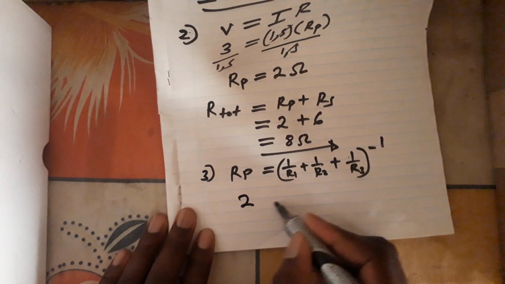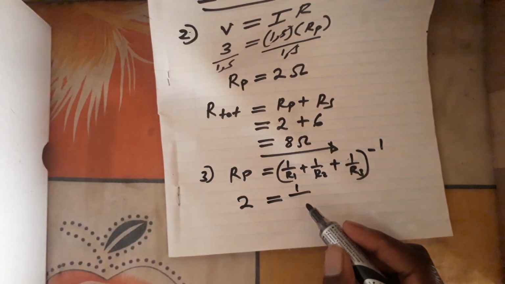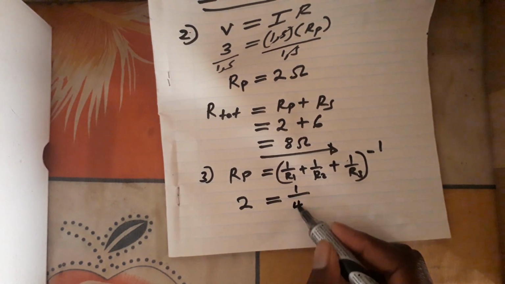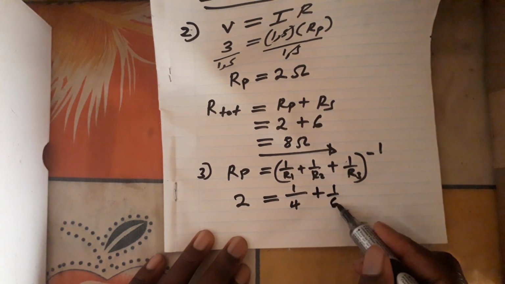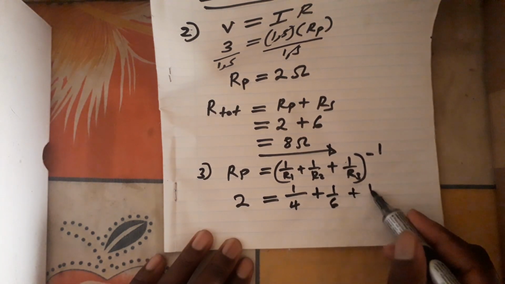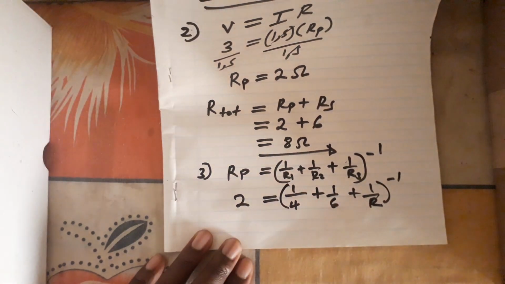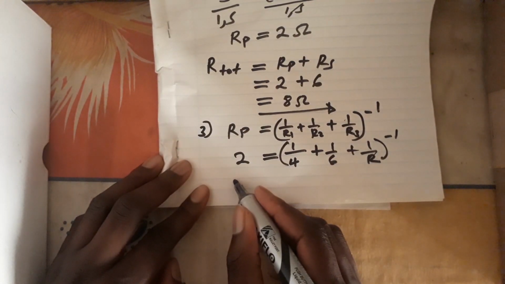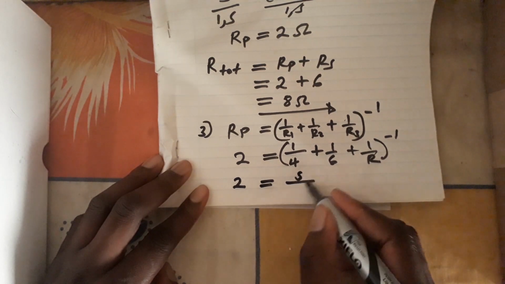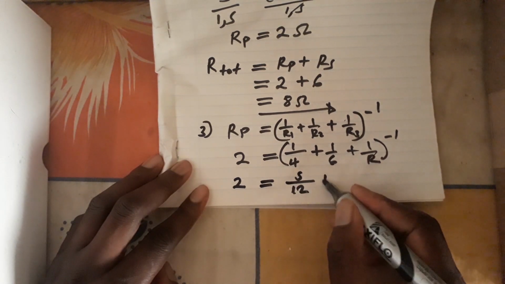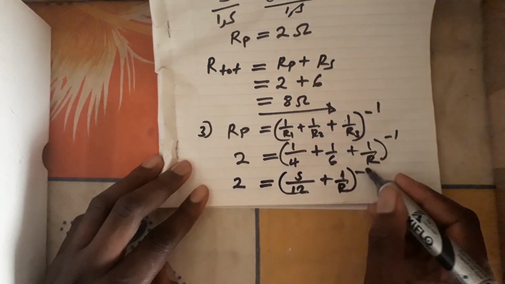So this is going to be 2 equals 1 over R1, which is 4 ohm, plus 1 over 6 plus 1 over R to the power of negative 1. This is going to give us 2 equals 5 over 12 plus 1 over R to the power of negative 1.